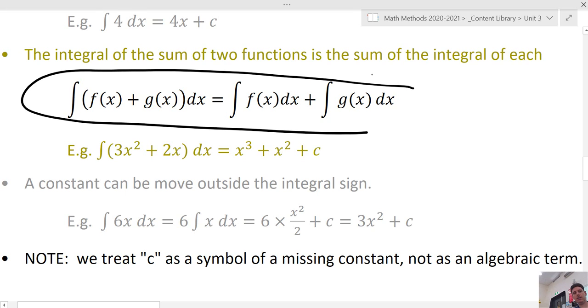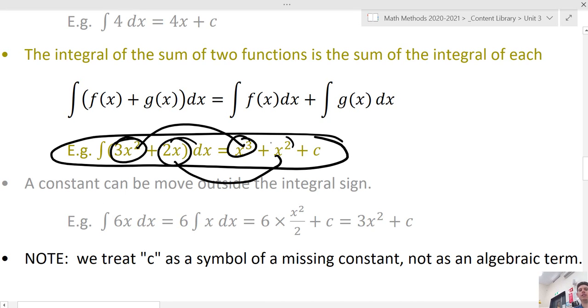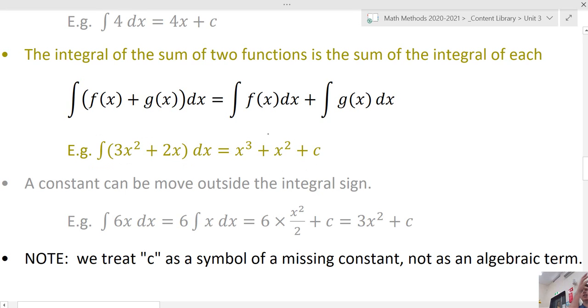No. You just write it like this. That's all you have to do. So see how it's integrated that, and it's integrated that. It's not somehow integrating them together. You integrate each function separated by a plus separately. Yeah, each term is its own function.